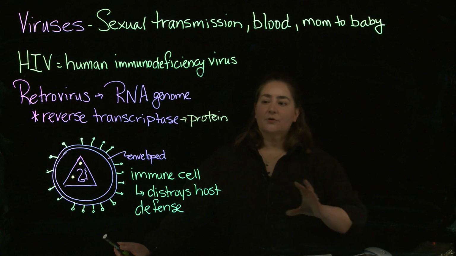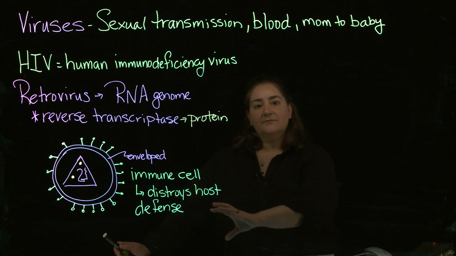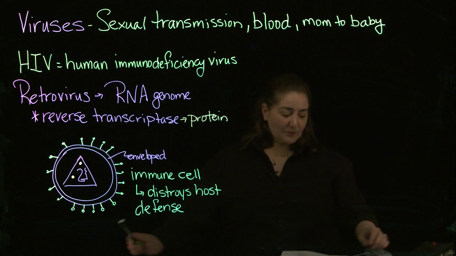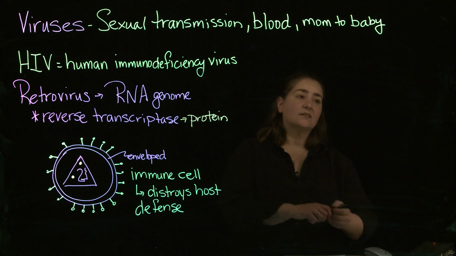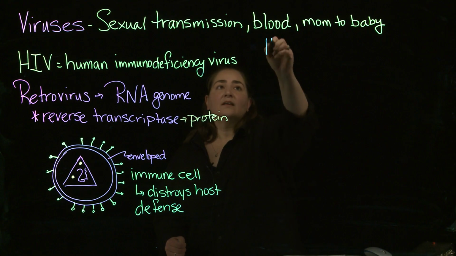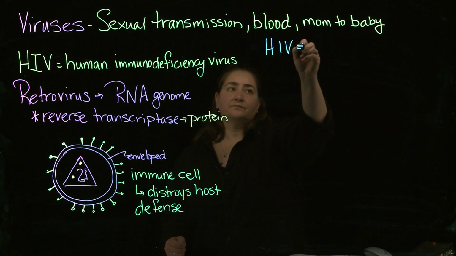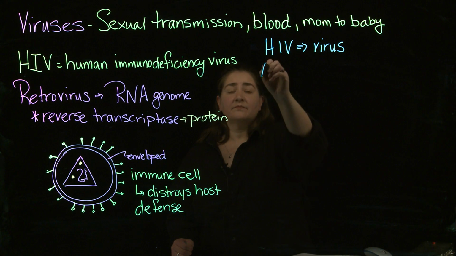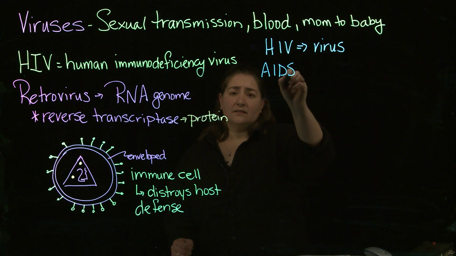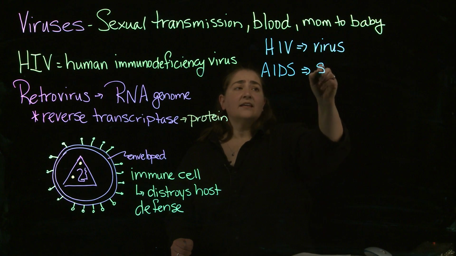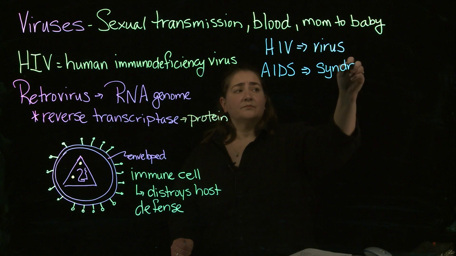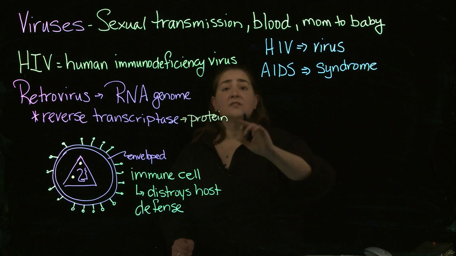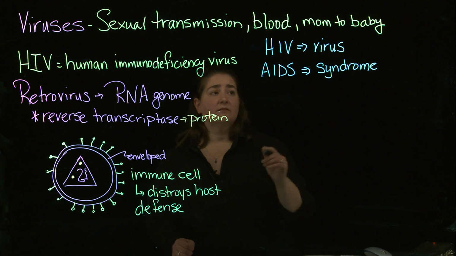What ends up killing the person is another disease, okay? And that is really what the distinction is between HIV, which is the virus, and AIDS, okay? AIDS is the syndrome that results from HIV infection, okay?